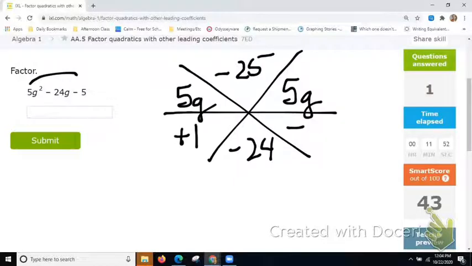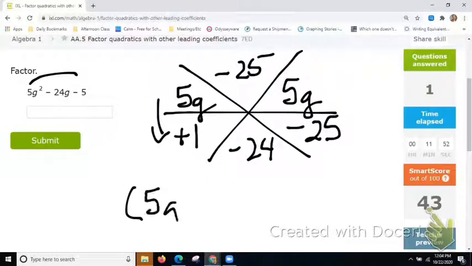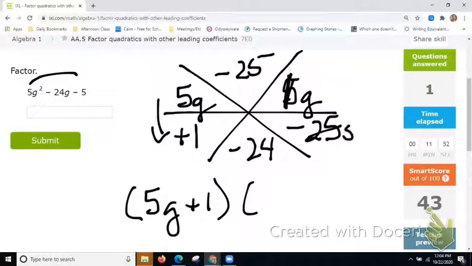Positive 1, negative 25. Factors reading down this way, so 5g plus 1. This one reduces. 5 goes into 25 5 times, so this is g minus 5. The order of the parentheses is not important.